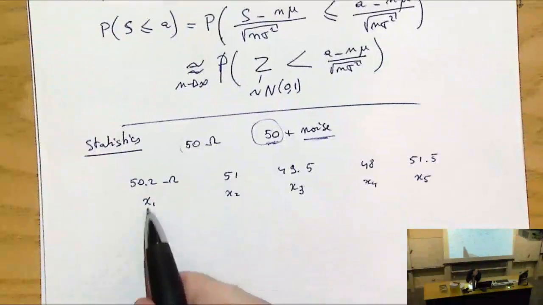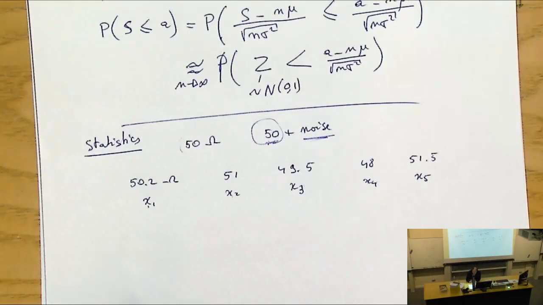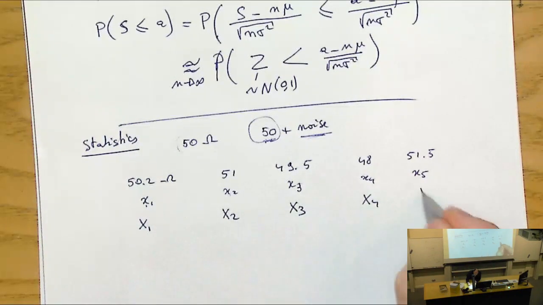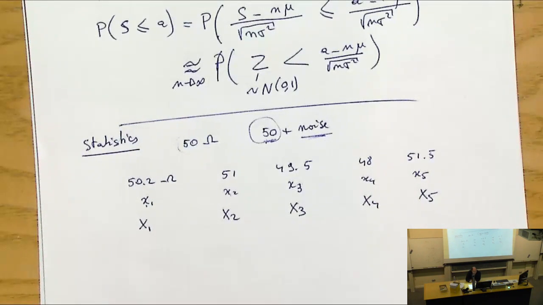So all those x1, x2, all the way to x5 are just realizations of random variables: random variable x1, x2, x3, x4, x5. And each of them may be independent from each other, and they may be identically distributed, right?